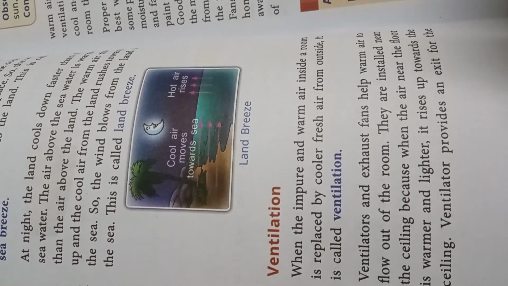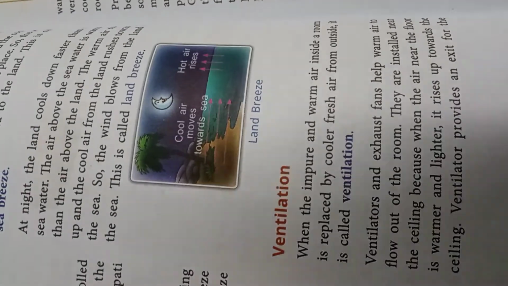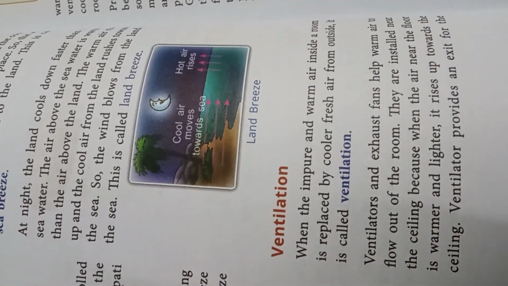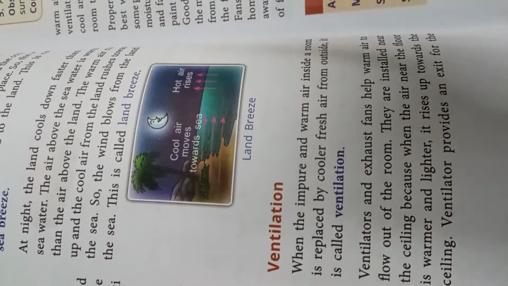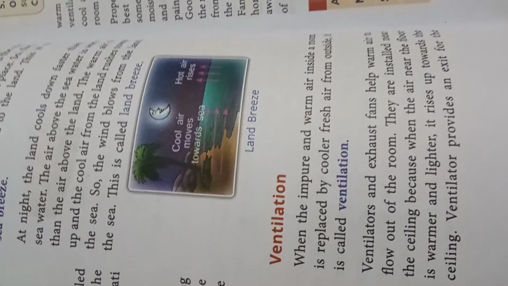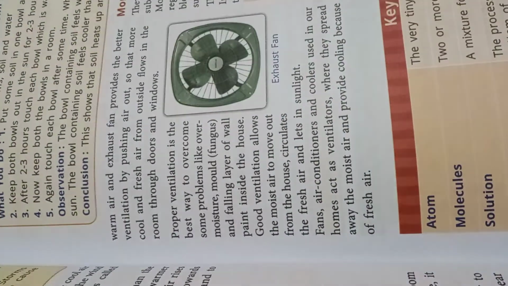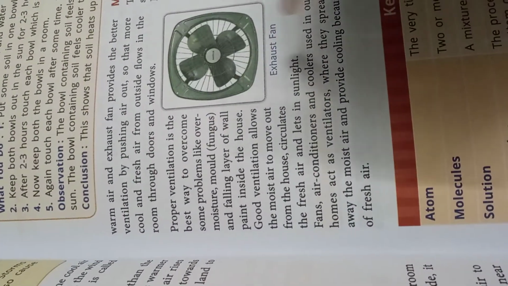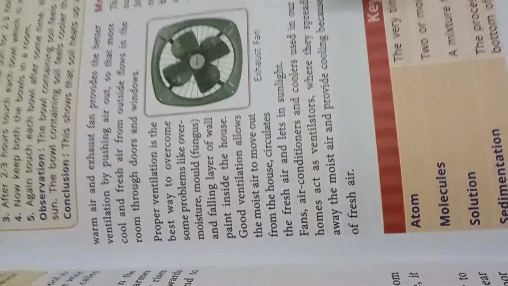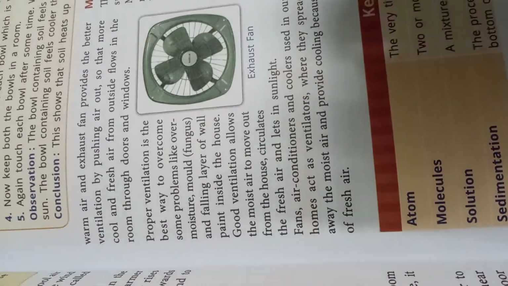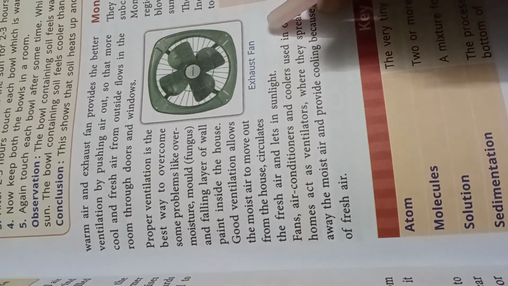Ventilators provide an exit for the warm air that is inside our house. The exhaust fan provides better ventilation by pushing the air out, so that more cool and fresh air from outside flows into the room through doors and windows.